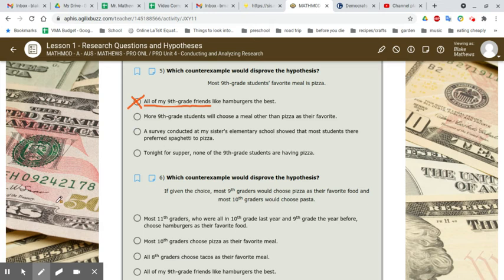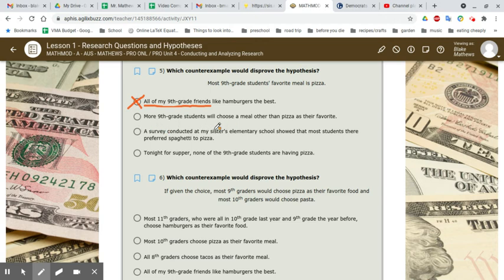Next one. More ninth grade students will choose a meal other than pizza as their favorite. Okay, so that's interesting, but that isn't necessarily a scientific thing because you haven't talked about measuring. So let's keep going.